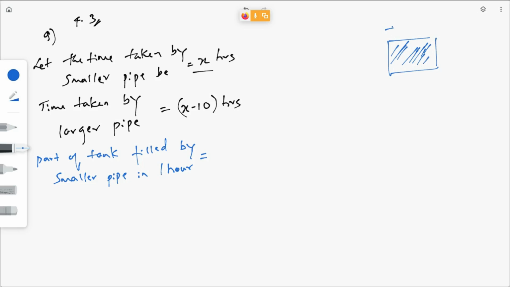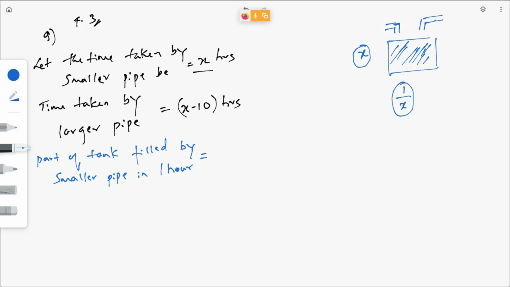If this pipe fills the whole tank in x hours, then the part of the tank filled by this pipe in 1 hour will be 1 divided by the total time. You need to just remember this. Part of the tank filled by any pipe in 1 hour will be 1 by x if this is the total time.